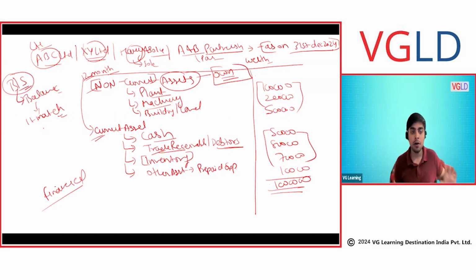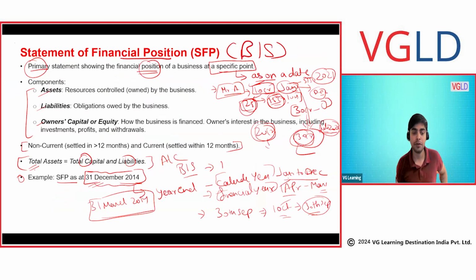Okay. So what I was saying, when we talk about the balance sheet, please understand that the balance sheet, as the word says, means balance, it matches. So if I come back to this equation, it always says total assets will be equal to total capital and total liability.